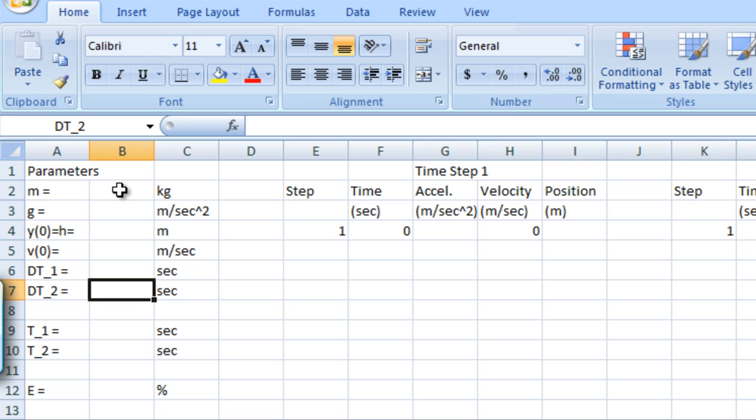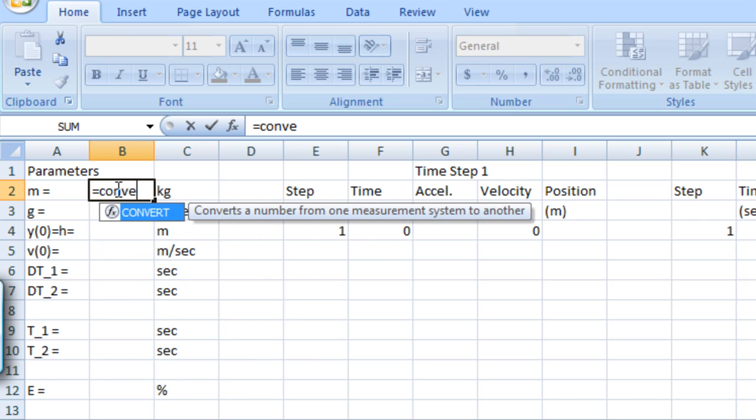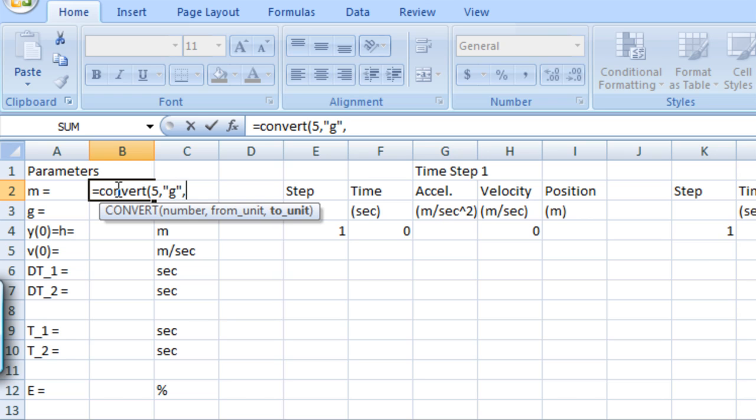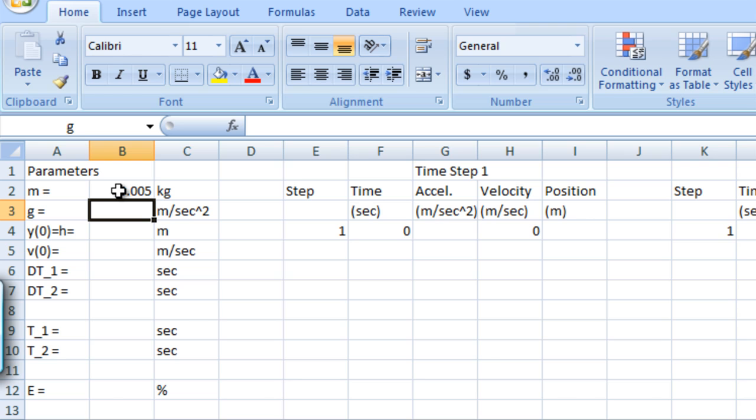Now let's go ahead and put in some values for these various parameters. The mass of a cherry is around 5 grams, so let's convert that to kilograms. Converting 5 grams to kilograms gives us 0.005 kilograms.